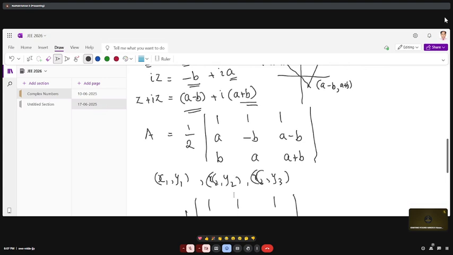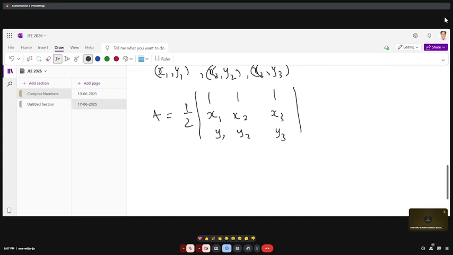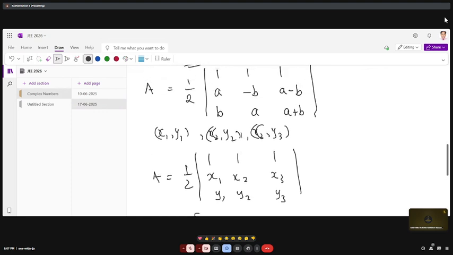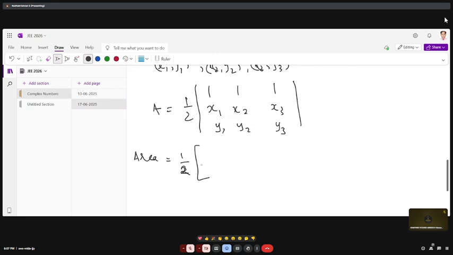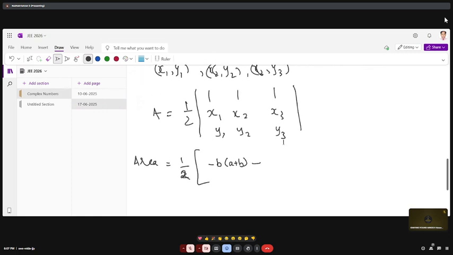Let's see what you get. Half into, so what is the first term? 1 into 1, I can just leave it, minus b into a plus b minus a into a minus b.